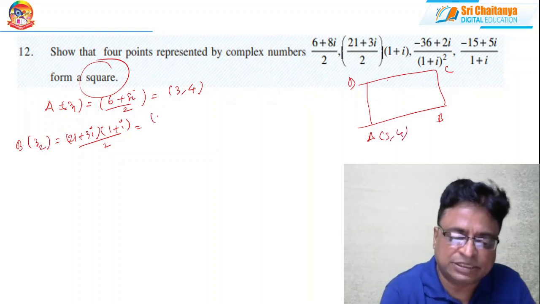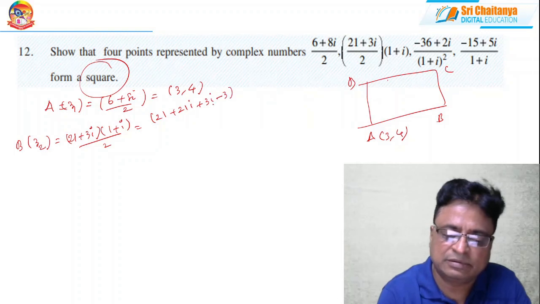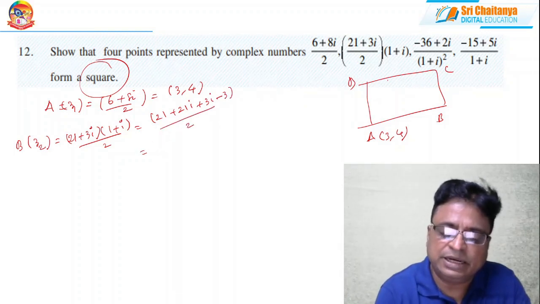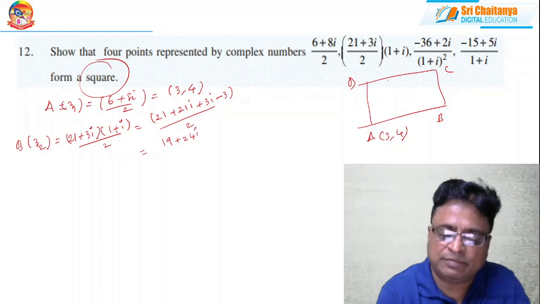Another one: 21 plus 21i plus 3i minus 3 by 2, that is 18 plus 24i by 2.